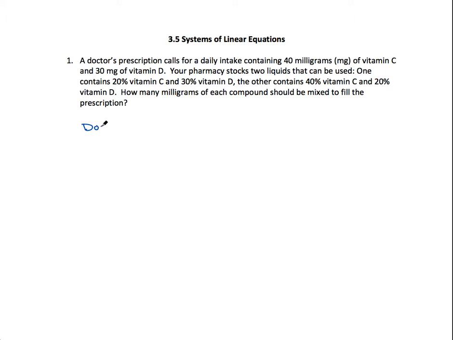I'll write down here, the doctor is calling for 40 milligrams of vitamin C, and for vitamin D, we need 30 milligrams. So we have to meet this requirement for the prescription: 40 milligrams of vitamin C, 30 milligrams of vitamin D.